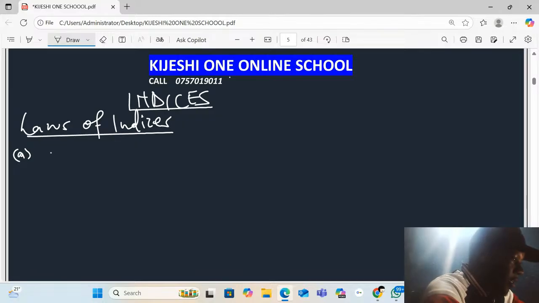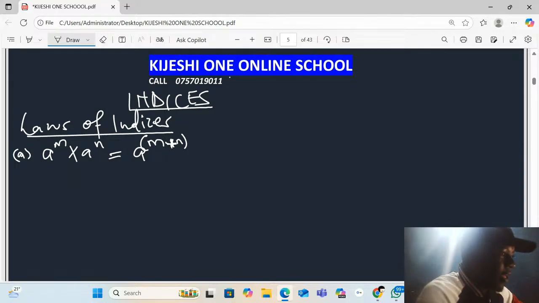We say that when we are having a raised to m, then we are multiplying it by a raised to n, we are going to get a raised to m plus n. So a raised to m times a raised to n, that will be equal to a raised to m plus n. You simply multiply, you add the powers.